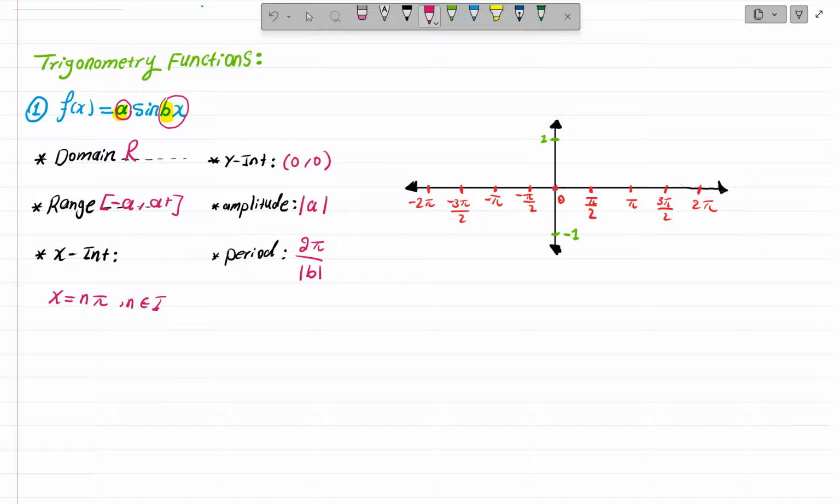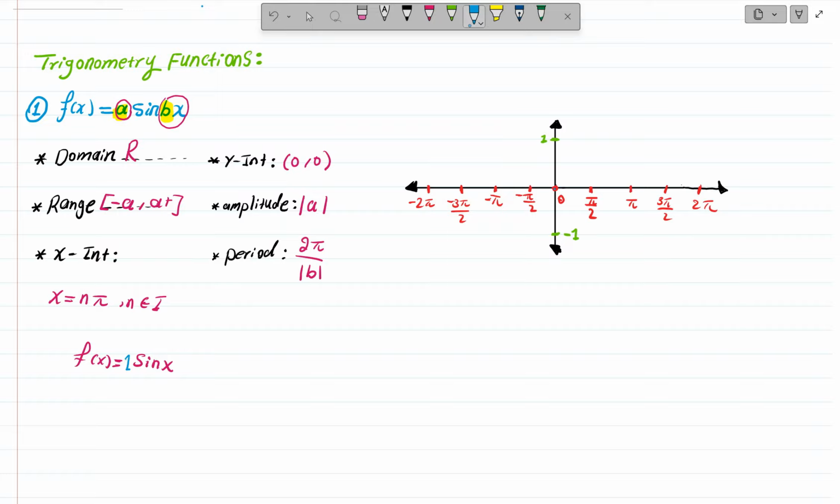Okay, let's apply all of these to the parent graph. If we have f of x equals sine x, we know that our domain is R, our range is between 1 and -1, and our x-intercept is x equals n pi.